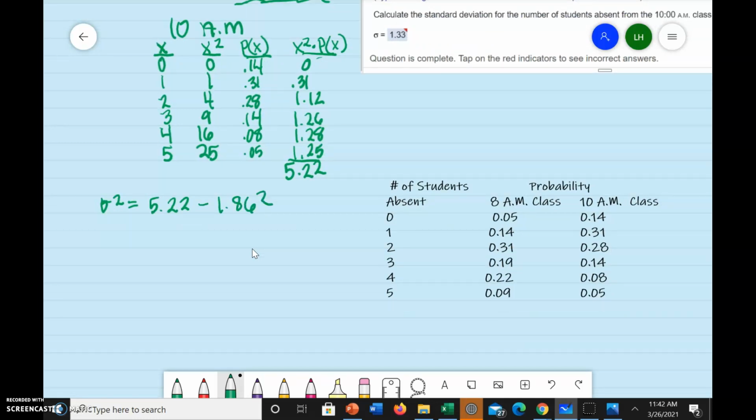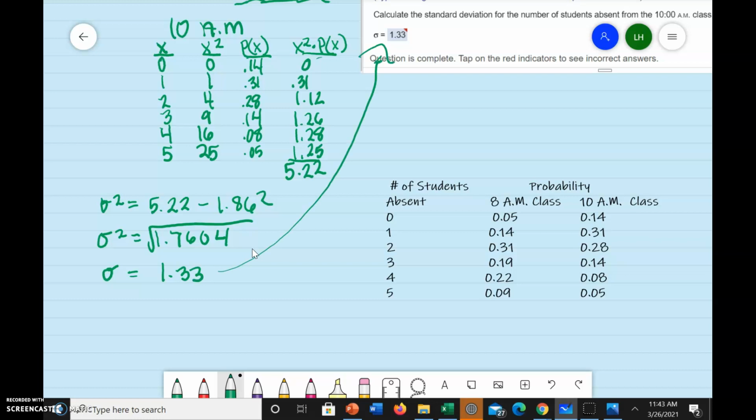If you do 5.22 minus 1.86 squared, you're going to get 1.7604. For the standard deviation, we take the square root of that, and we get 1.3268, but I'm going to round it to 2 decimal places, so we get 1.33.